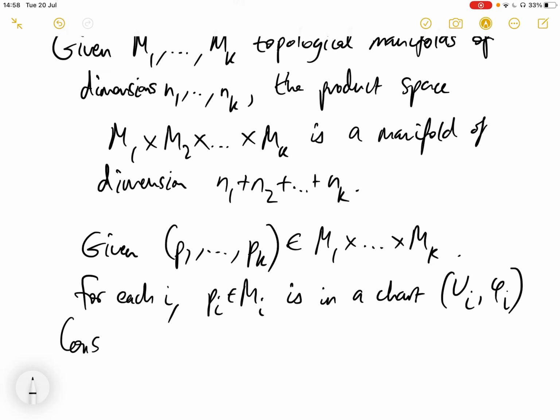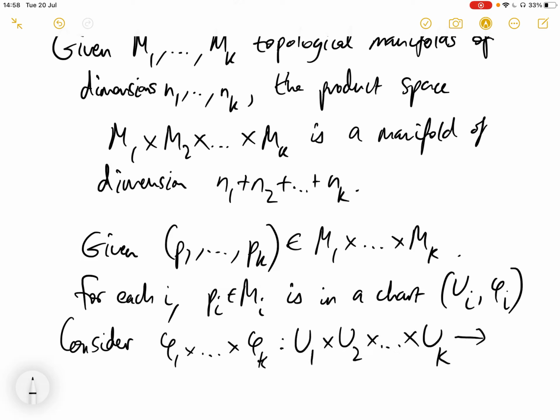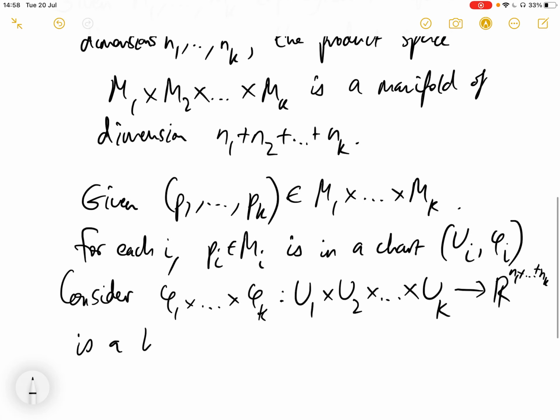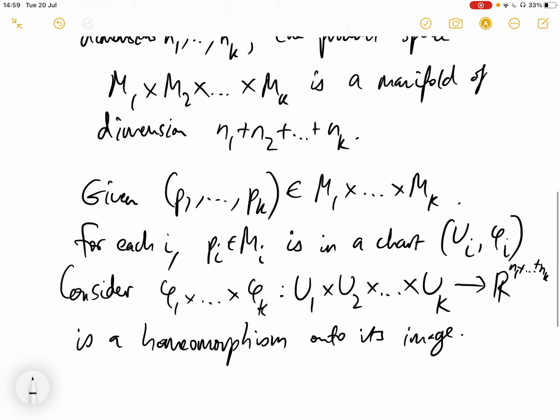And so if we consider the product map, phi1 cross phi2 up to phi k, which goes from U1 cross U2 up to Uk, and its image is in R^n1 all the way up to R^nk, this is a homeomorphism onto its image. The reason it's a homeomorphism is because each of the phi i are homeomorphisms onto their images.